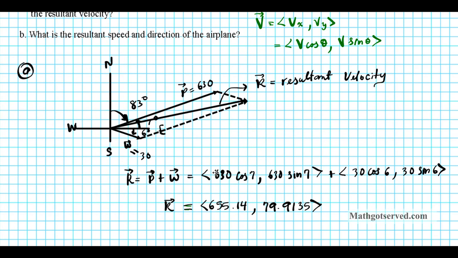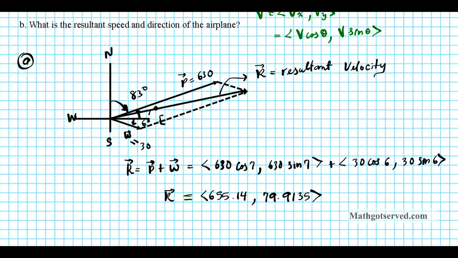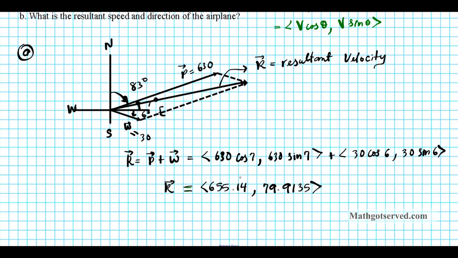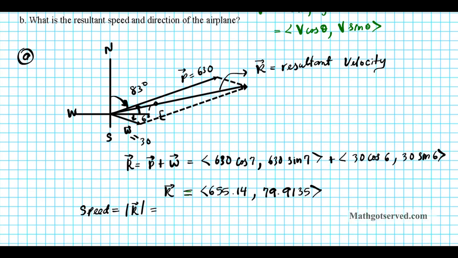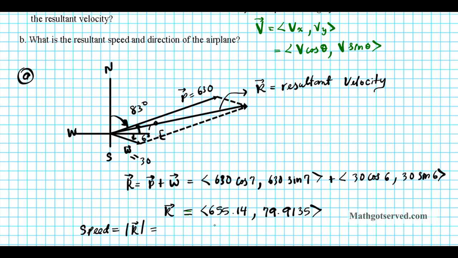Now, to find the speed is basically going to be the magnitude of our resultant velocity vector. So speed, which is a scalar quantity, is going to be the absolute value of r. So how do we find the magnitude of a vector in component form? Let's review the formula real quick.